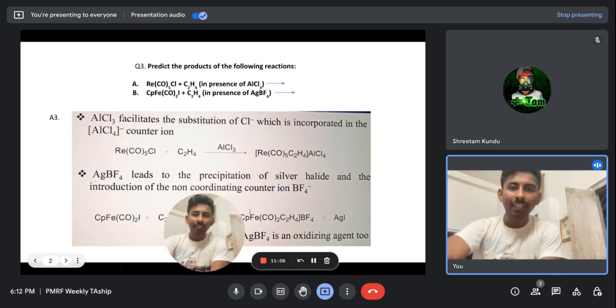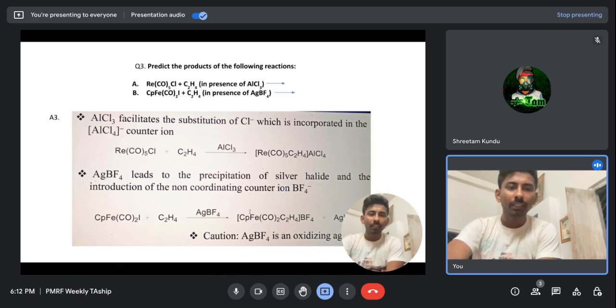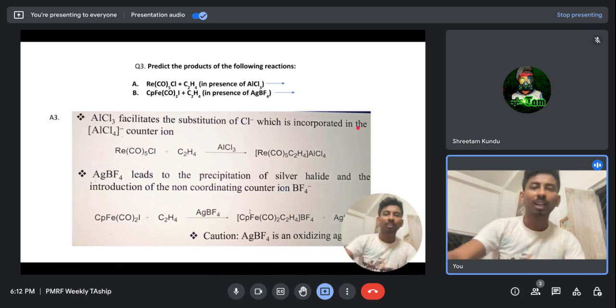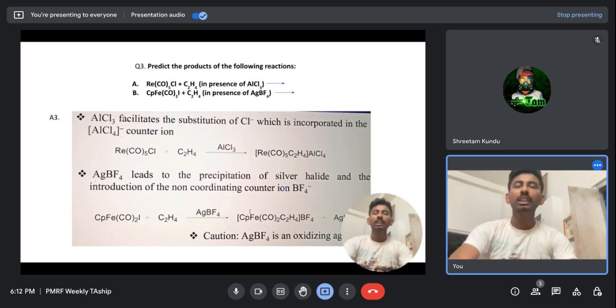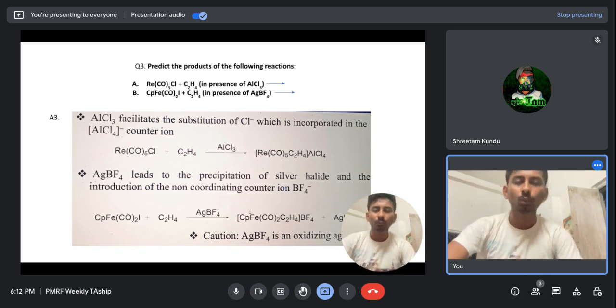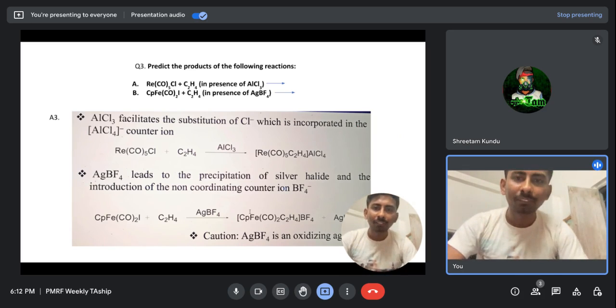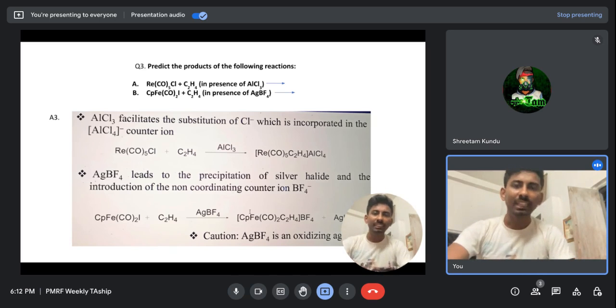Coming to the next part of our discussion, it is regarding the prediction of the products of the following reactions. Question 3 covers two similar types of questions. First, there is ReCO5Cl, that is ReCO5+ and Cl-, when it is treated with ethylene in the presence of AlCl3, a very strong Lewis acid, aluminum trichloride.